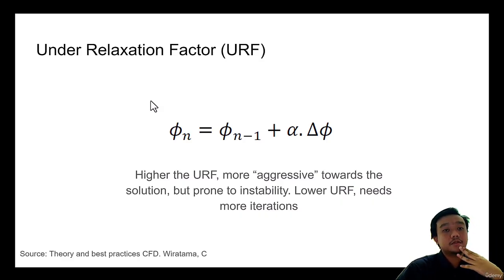Let's say if you have errors, just reduce from 1 to 0.95, and if you still have errors, reduce it to 0.90, etc. And don't be too aggressive in reducing this number, because if the number is too low, sometimes it will also cause numerical problems in your solution. And yeah, it's all about the stability and the speed to the solution.